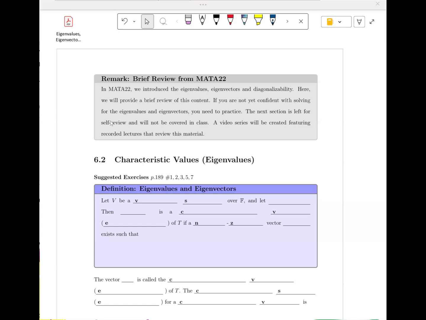To start, we're going to review the definition of an eigenvalue, eigenvector.